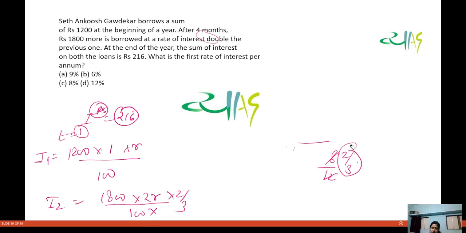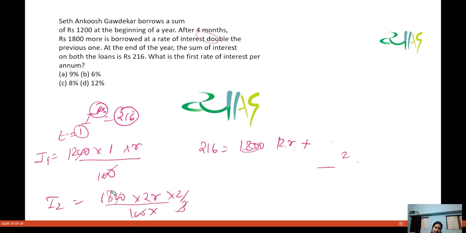Now we know this 216 is equal to 1200 into R by 100 plus 1800 into 2R into 2 by 3 by 100. Let us simplify here. So that is 12R, plus this 100 cancels again.